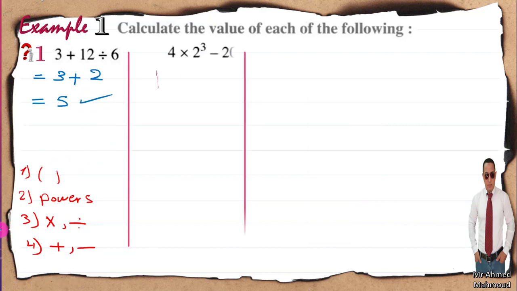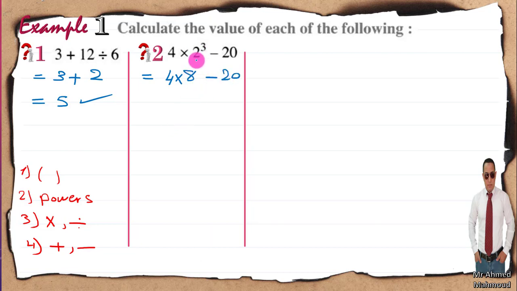Another one. Here we have 4 times 2 power 3 minus 20. We have times, we have power, we have minus. First we start with the power, then times, then minus. Again, power, then times, then minus. So first, I'm going to write down 4 times 2 power 3 equals 8 minus 20.